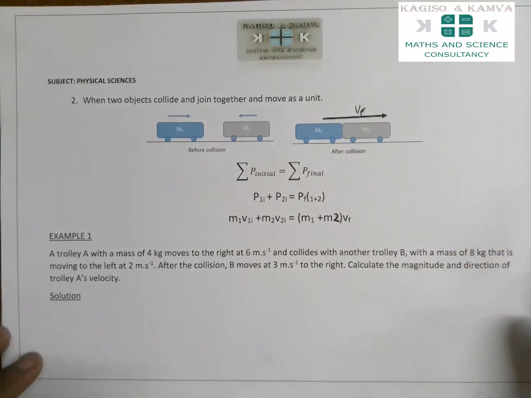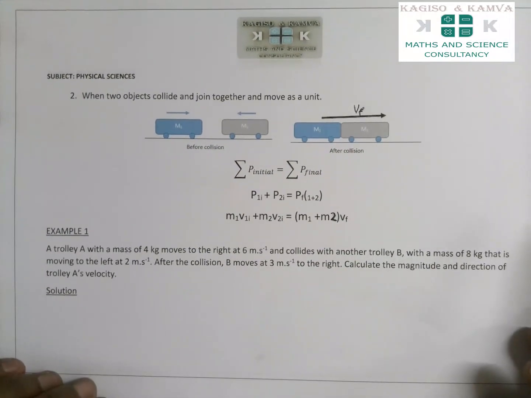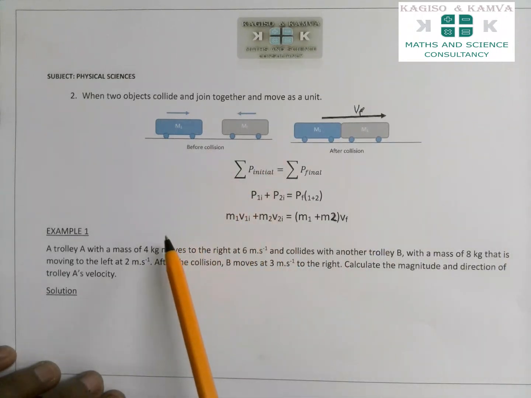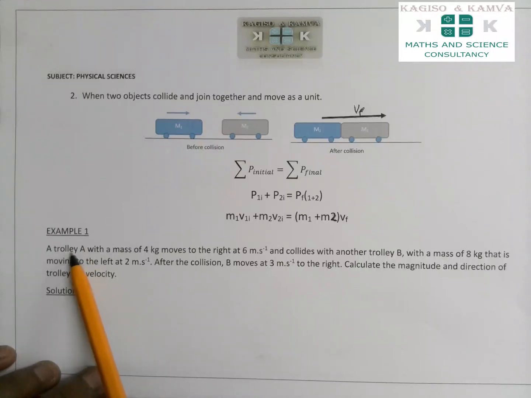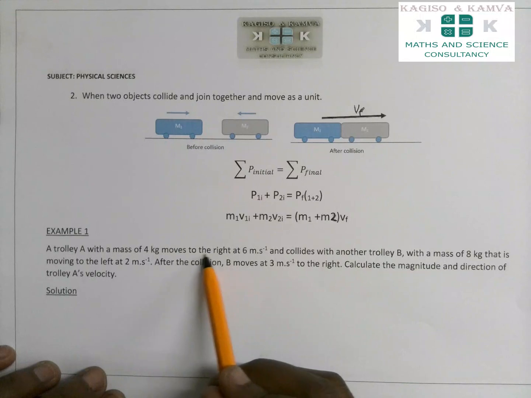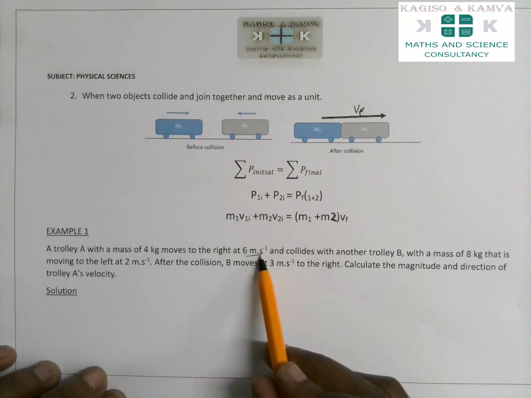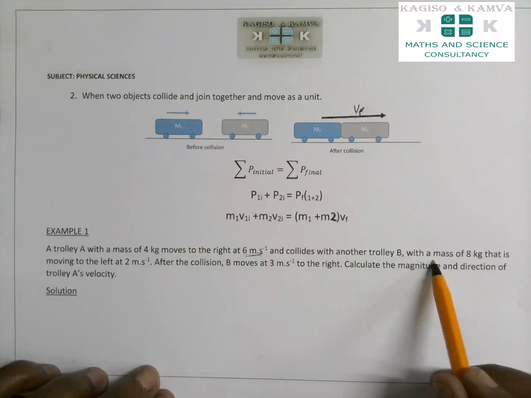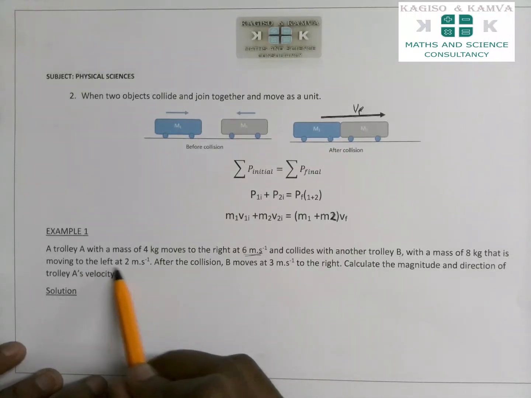Okay, now let us do example 1. With example 1, doing the principle of conservation of linear momentum: a trolley A with a mass of 4 kg moves to the right at 6 meters per second and collides with another trolley B with a mass of 8 kg that is moving to the left.